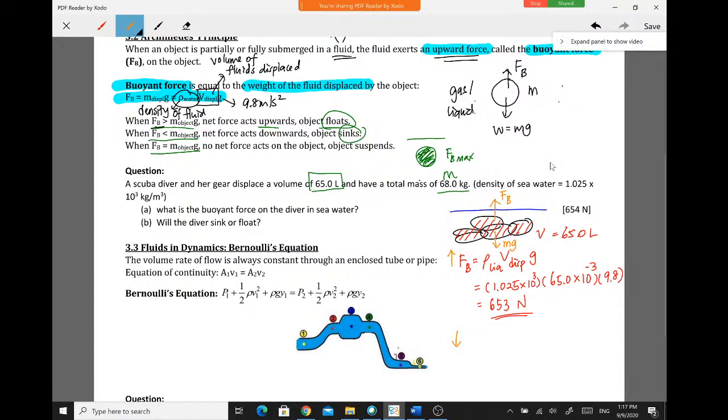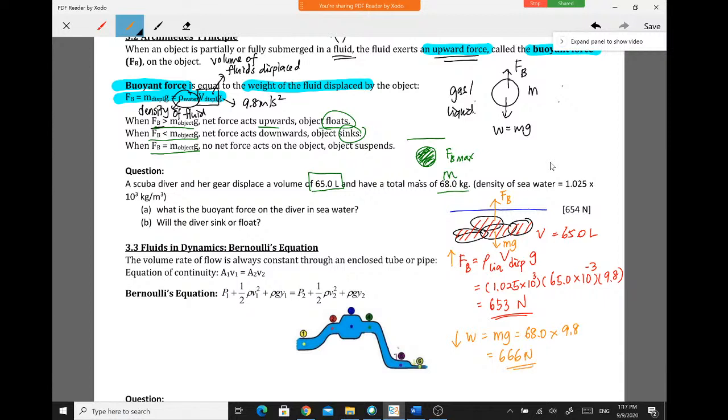To find the downward force, it equals mg. The mass given here is 68 kg times 9.8. So you get a downward force of 666 Newton.